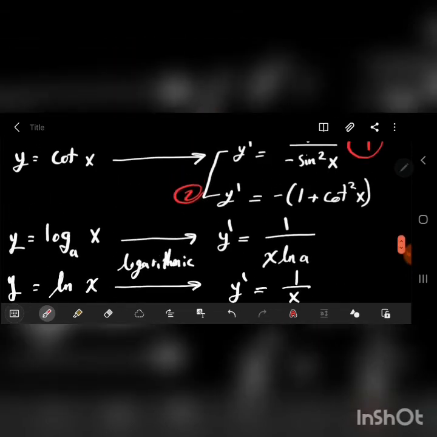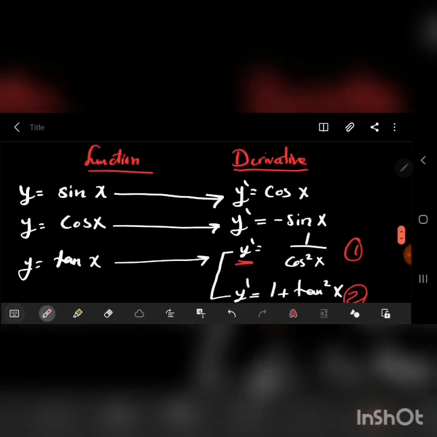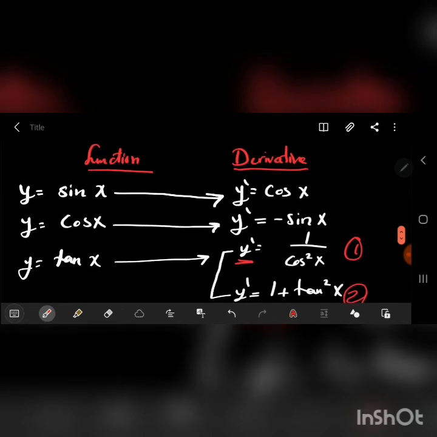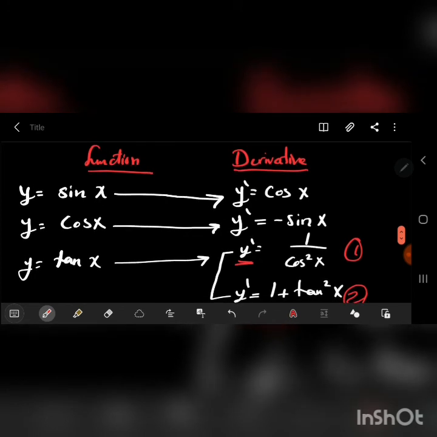I will go back. This is sine, cosine, tan and their derivatives. You can take a screenshot or you can write it down. I will give you 1, 2, 3 seconds.